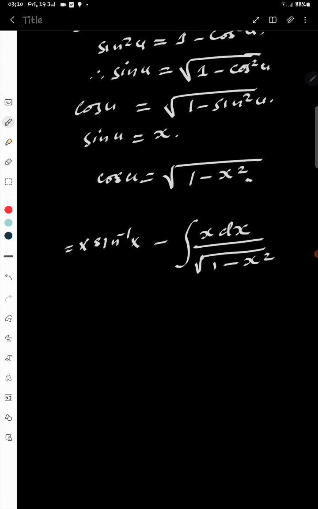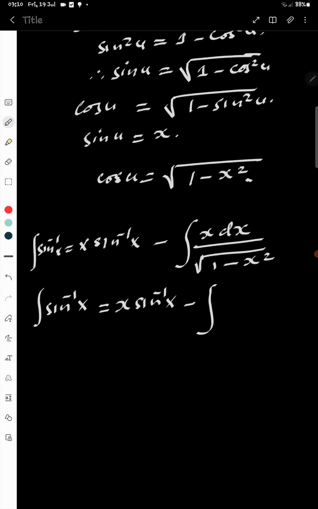Therefore, the integral of sine inverse of x is equal to x sine inverse of x minus integral of x dx over root of 1 minus x squared.